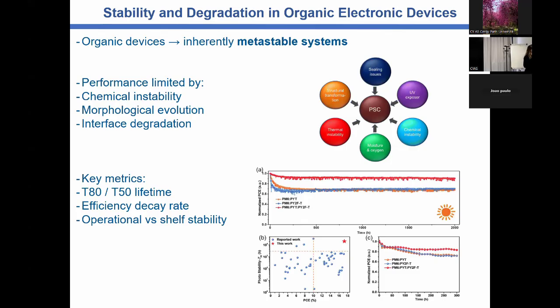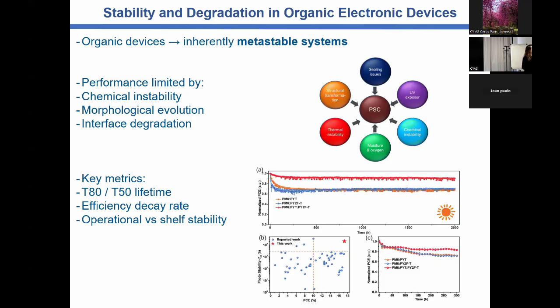So it's quite important to evaluate the efficiency of the materials of the device over time, so we can see how it changes and how the efficiency decays, or if we are dealing with operational or self-stability issues.